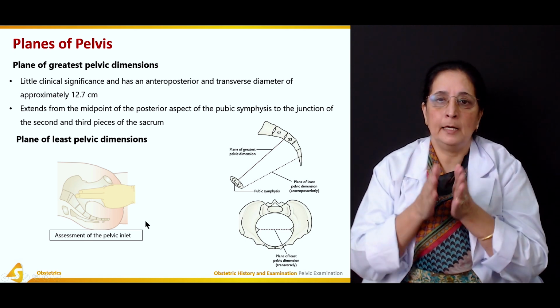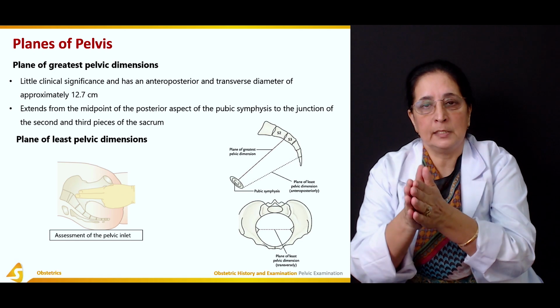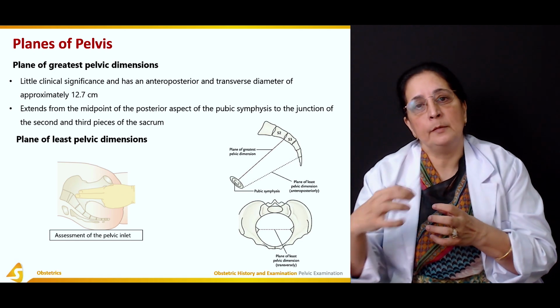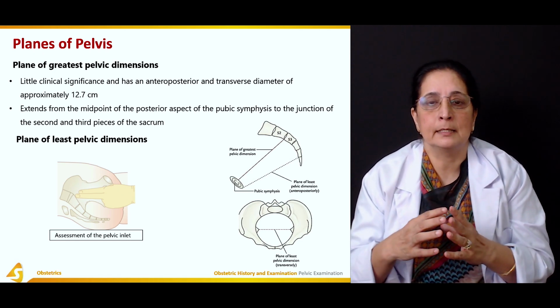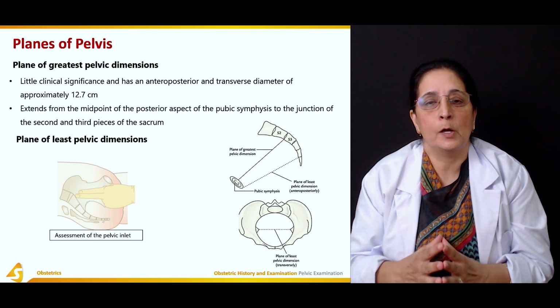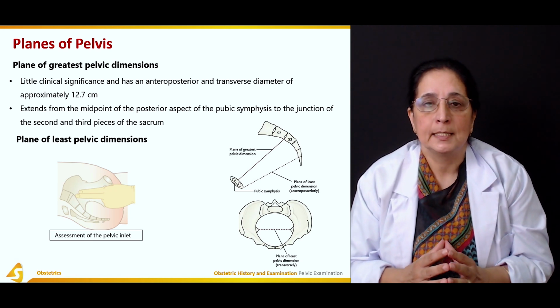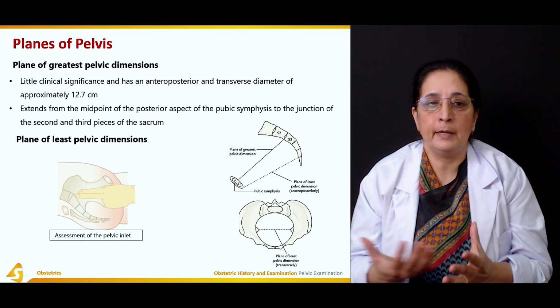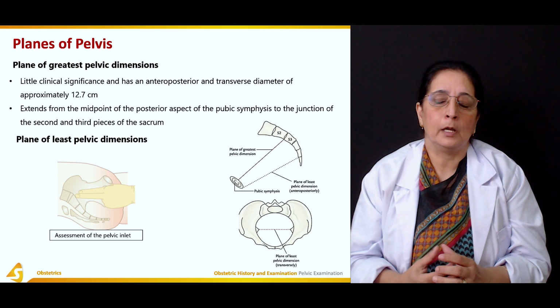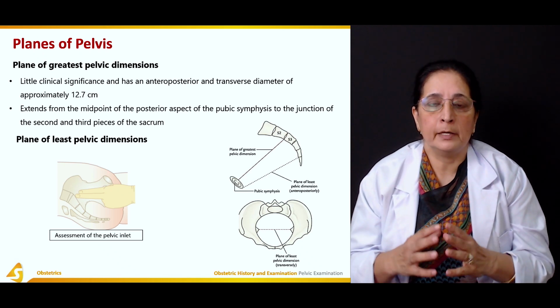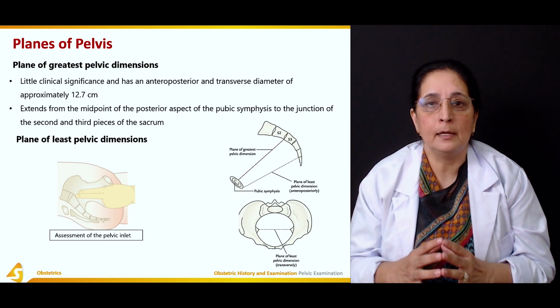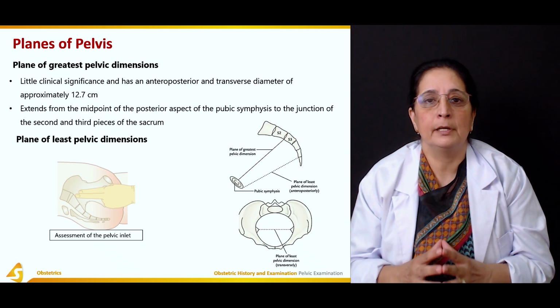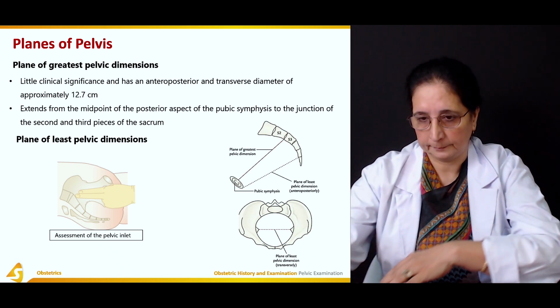So from the middle part of pubic symphysis to the second and third, that's the greatest dimension, which is about 12.7 centimeter of the pelvis. This pelvimetry is very important to find out if the pelvis is big enough for the delivery of the fetus.